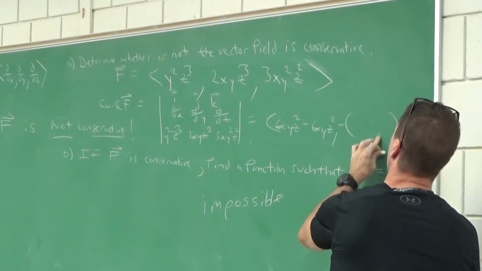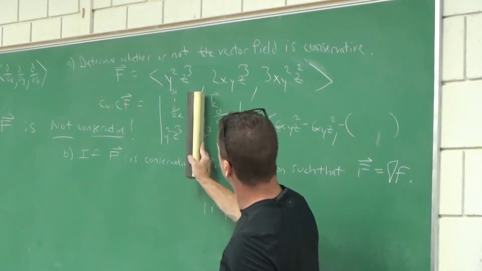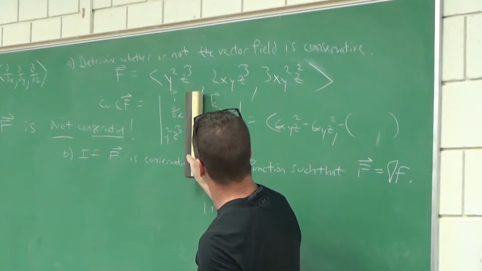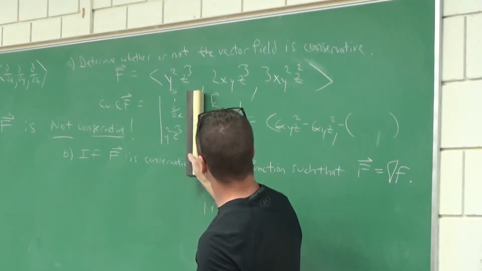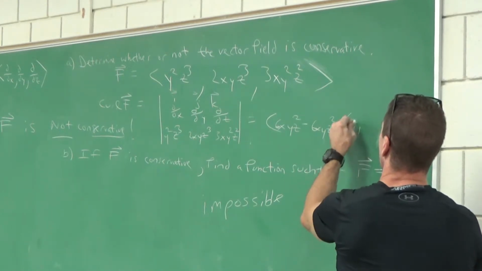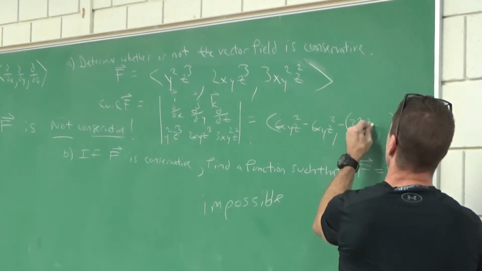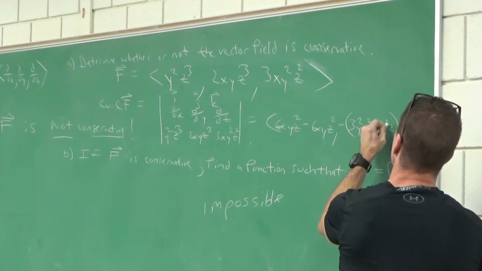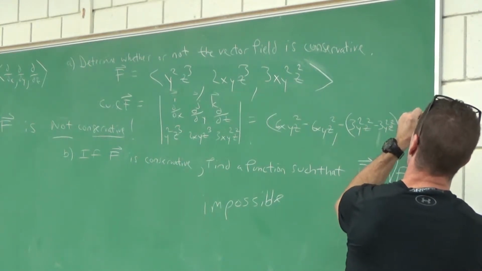And what do you get? Negative 3y squared z squared minus 3y squared z squared, which is also 0, I'm agreeing. And how about this last component?